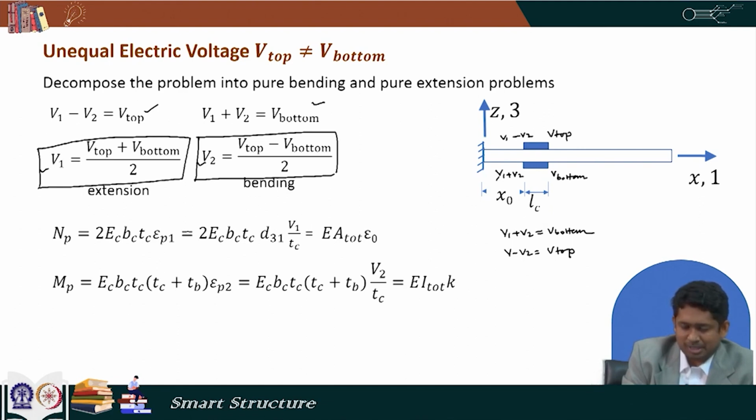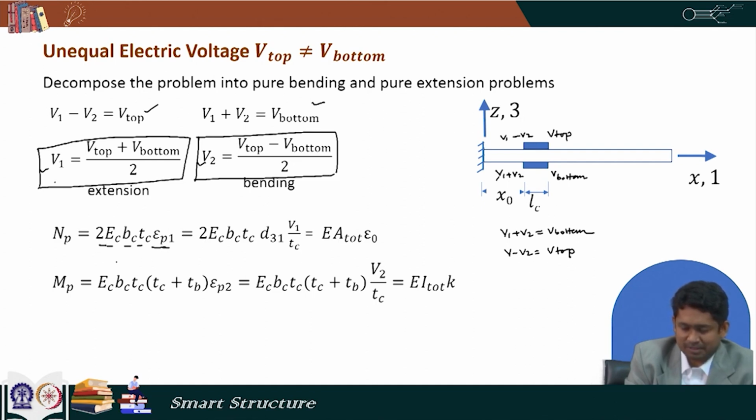So as we have decoupled the problem, now we can solve this problem separately, as we have solved the pure axial problem, and we can solve this problem separately as we have solved for the pure bending problem. So for the axial problem, we can find out NP. NP becomes 2 multiplied by EC, BC, TC into epsilon P1.